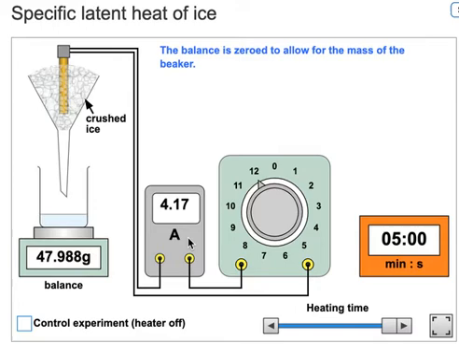The electric current is 4.17 amps, and the amount that has now melted is 47.988 grams, and that again was in the same amount of time. So when you switch the heater on and leave it for 5 minutes, that is how much ice melts into water. Okay?